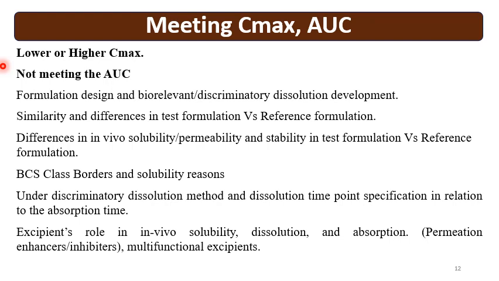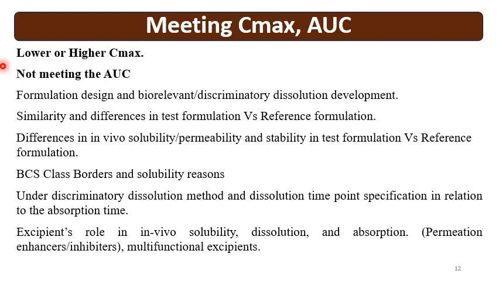So whenever deciding the dissolution criteria, it should be related to the Tmax. Sometimes a BCS class 1 or 3 drug may also get degraded in the GIT, due to which the differences in the degradation in the innovator formulation and the test formulation will have an impact on the Cmax and AUC.